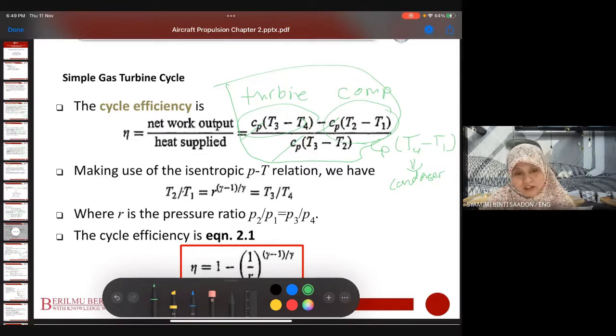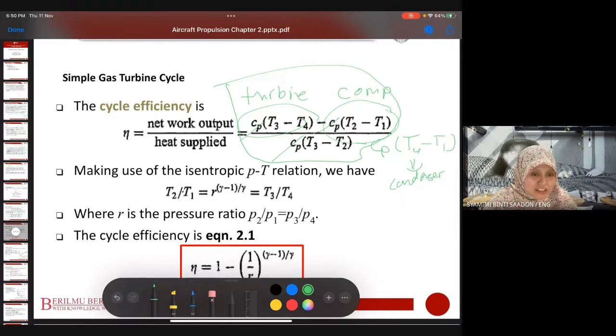Since we measure the temperature at the inlet and outlet of each component, we can link this. We can use this temperature to calculate also the pressure ratio. One of the important parameters for a gas turbine cycle is the pressure ratio, noted as R or sometimes pi.